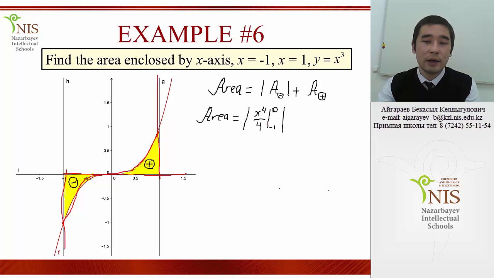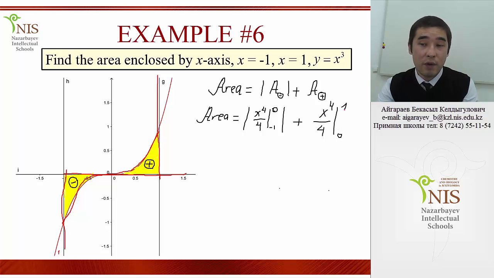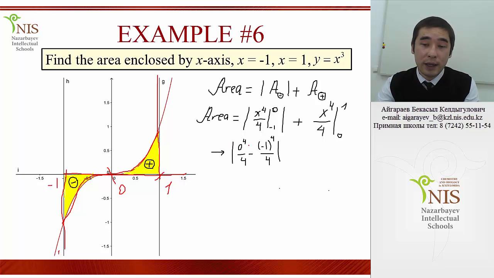My antiderivative will be x to the power of 4 divided by 4 from minus 1 to 0, and the positive one will be the same antiderivative, but from 0 to 1. When we insert 0, we get 0, and when we insert minus 1, we get this, plus the same calculations for the rest.